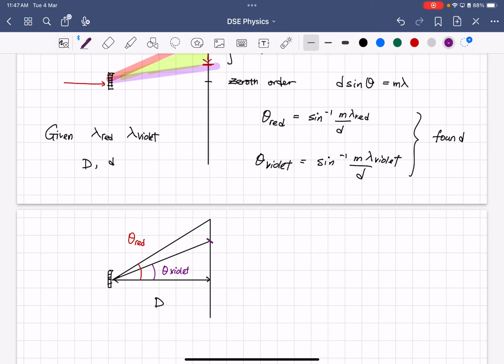In the center, you will have violet light here and a red light here. Well, how do I find x?